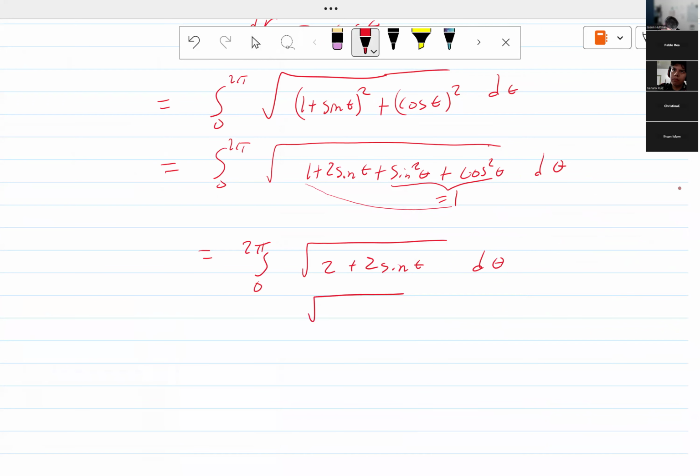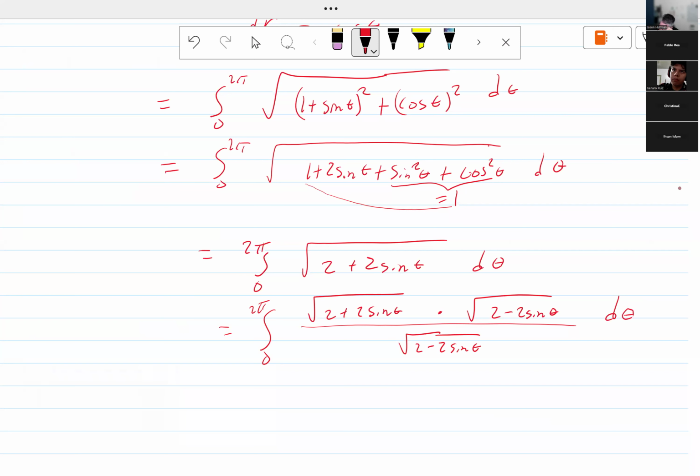So we get the square root of 2 plus 2 sine theta times the square root of 2 minus 2 sine theta, all over the square root of 2 minus 2 sine theta. It becomes a little messier. d theta.